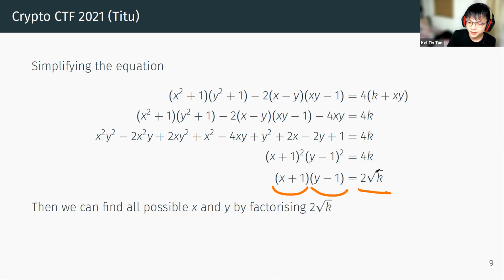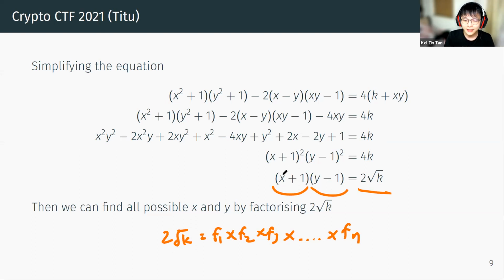If you know that this equals f1 times f2 times f3 and so on up to fn, you just combine some of them and check whether it looks like the flag. So that's how it works. And by knowing x and y, you get the flag.